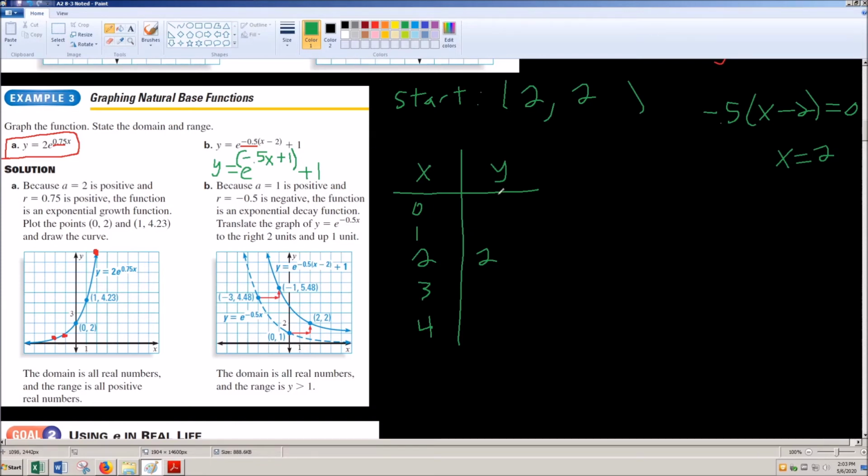And so now we get our 0 value, gives approximately, call it 3.72. Our 1 value gives us approximately 2.65. 3 value gives us approximately 1.6, and then we get 1.37.